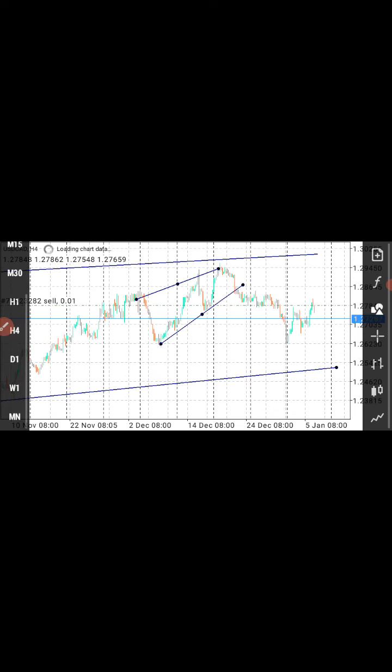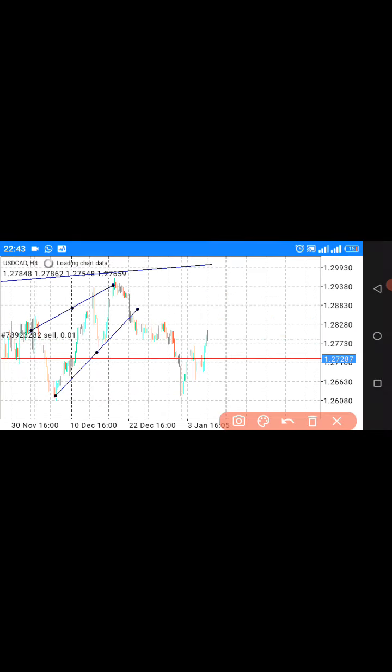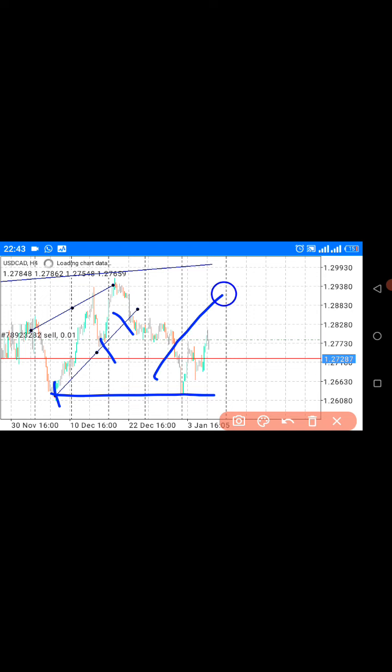You can see this 1, 2, 3 breakouts, and you see where the price stopped. We have two types of shining. We have one that is straight, and again we have one that is something like this.